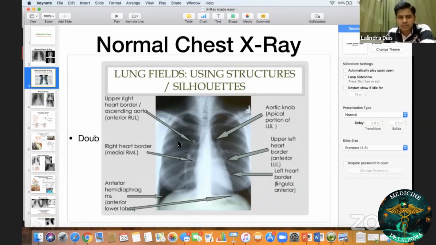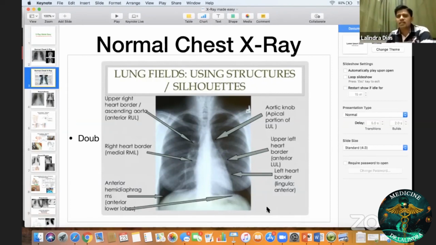And then you can see the rib shadows posteriorly like this, the anterior rib shadows going like this in an oblique way. There are no fractures, clavicles, the scapulae, and then you can see the costophrenic angles. Then the diaphragm on the right side is nicely elevated compared to the left one, and you can see the left-sided gastric air bubble. So it is a normal chest X-ray.